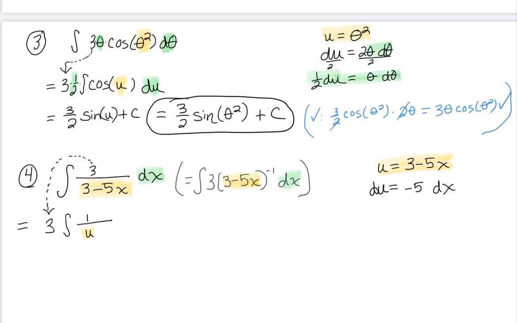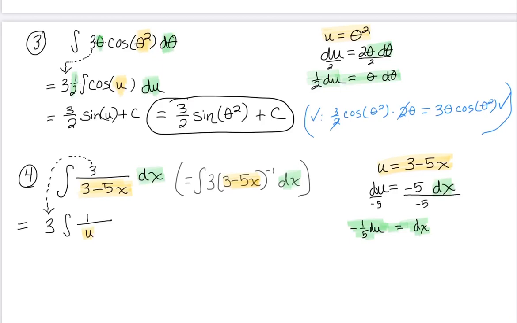Looking at my du equals negative 5 dx, I need to isolate for just the dx. So we need to divide both sides by that negative 5. So what I have is that negative 1/5 du is equal to dx. That negative 1/5 du is going to be my substitution for the dx.